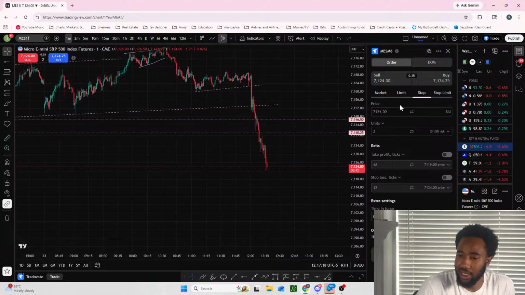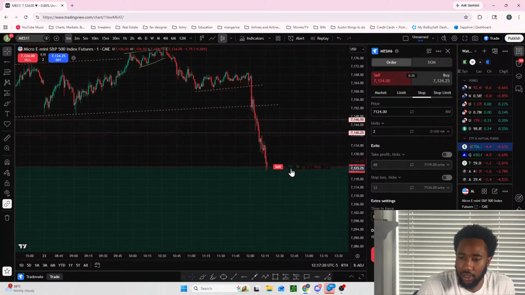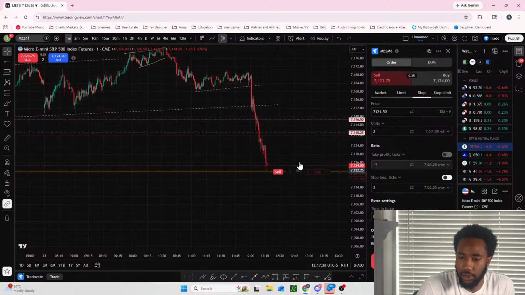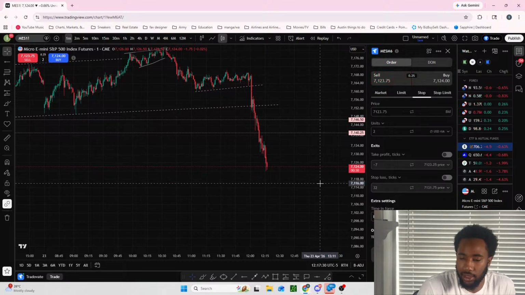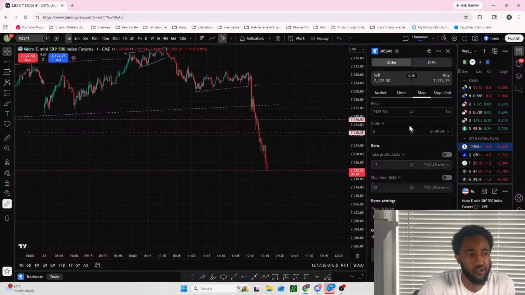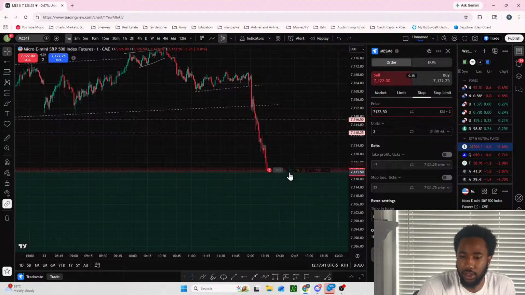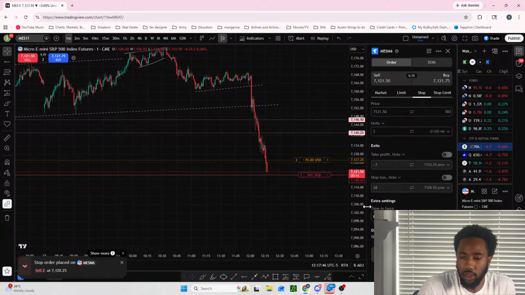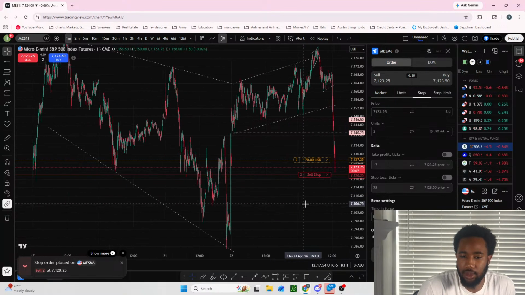Let's try again. Maybe I should have traded less. Maybe I should have downsized. Okay, try this one. It's just moving down.